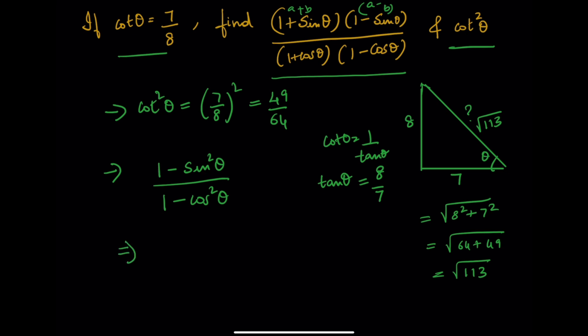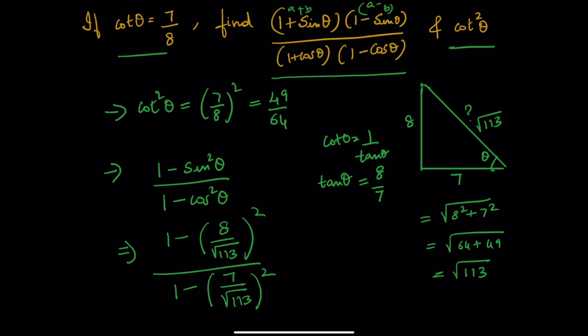Now let us apply this value here. What is sine theta? Sine theta is 8 by square root of 113. So we get 1 minus 8 by square root of 113 the whole square, divided by 1 minus cos square theta, which is 7 divided by square root of 113 the whole square.